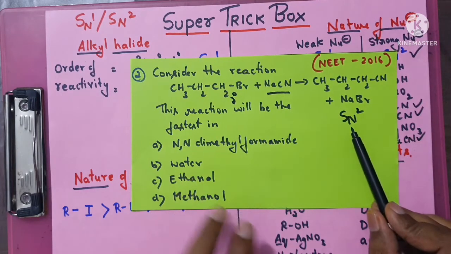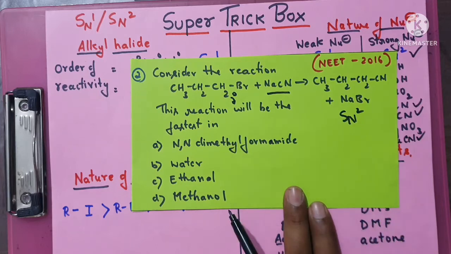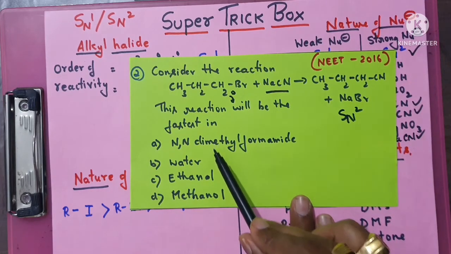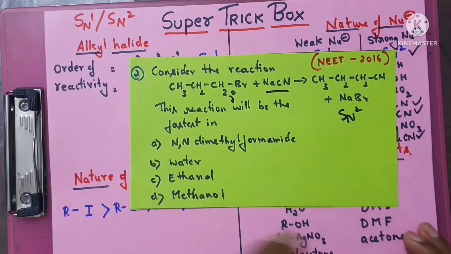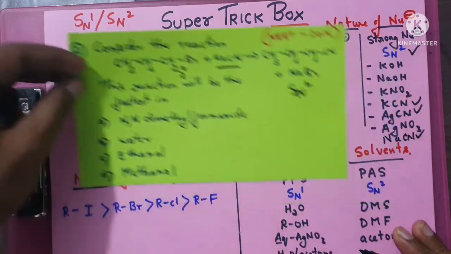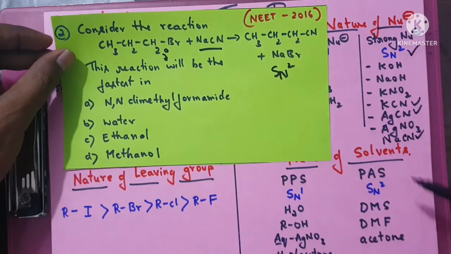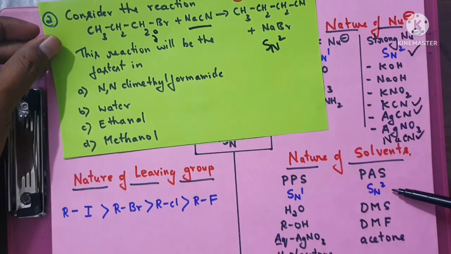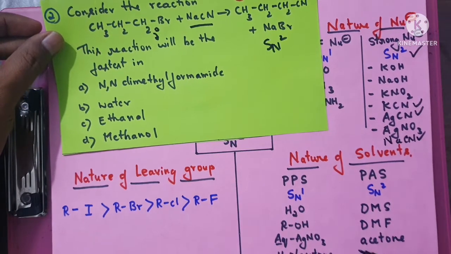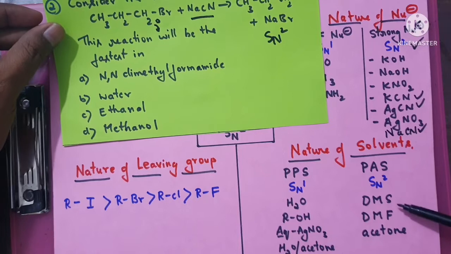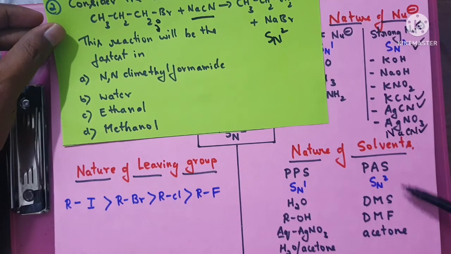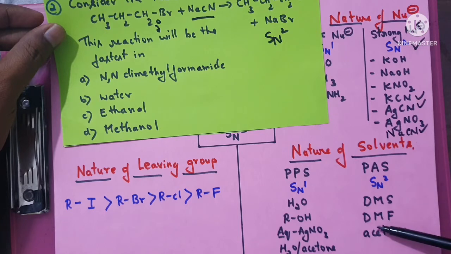For an SN2 mechanism, which is the best solvent? If you observe the options, what they have given is the solvent. So what are the solvents that are better for the SN2 mechanism? For SN2 mechanism, the best solvents are polar aprotic solvents, that is dimethyl sulfoxide, dimethyl formamide and acetone.